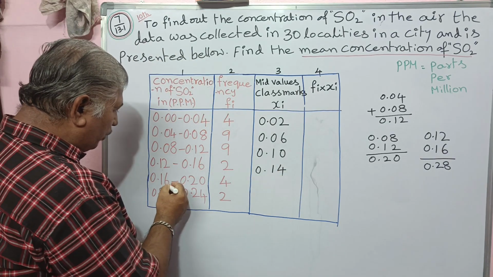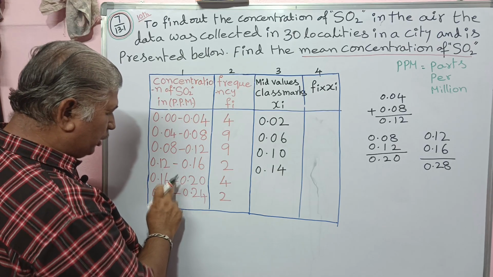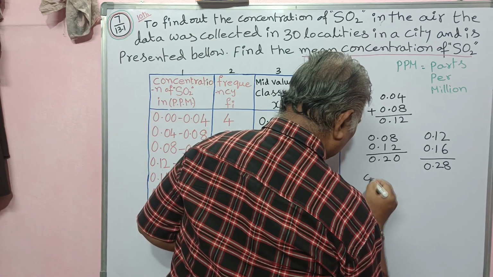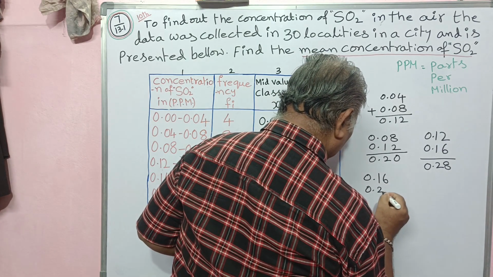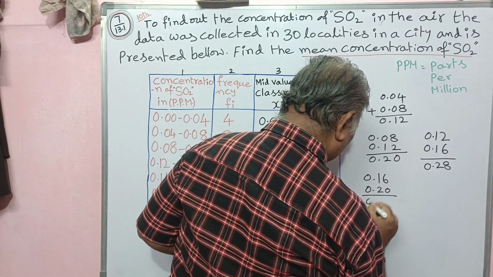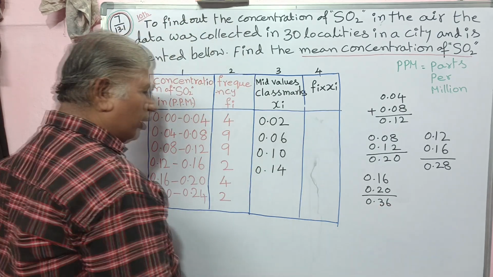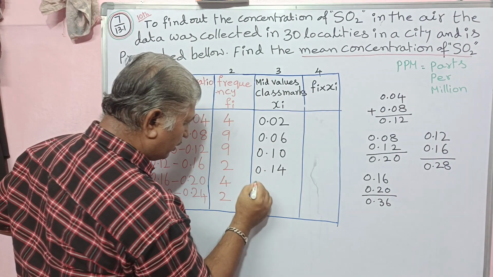And 0.16 to 0.20: it will become 0.36. Dividing by 2, we will get 0.18.